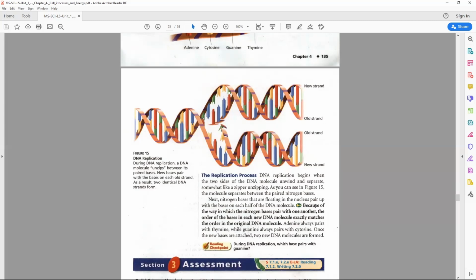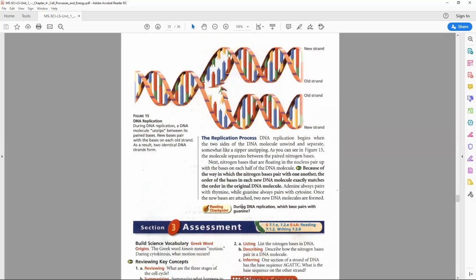Key idea: because of the way in which the nitrogen bases pair with one another, the order of the bases in each new DNA molecule exactly matches the order of the original DNA molecule. Adenine always pairs with thymine, while guanine always pairs with cytosine. Once the new bases are attached, 2 new DNA molecules are formed.